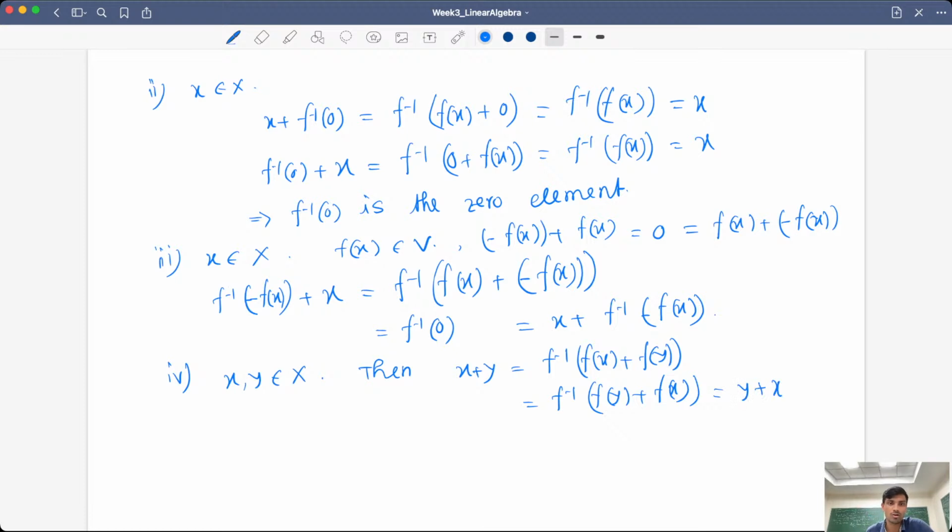So this is commutative, so each element has an inverse, so thus X with the defined plus is an abelian group. Okay, so this is abelian group part done.